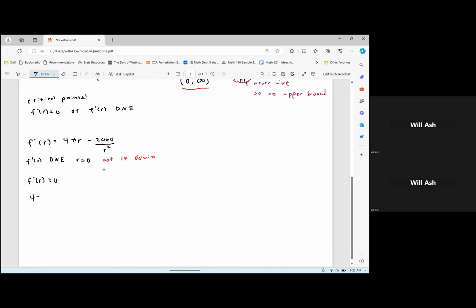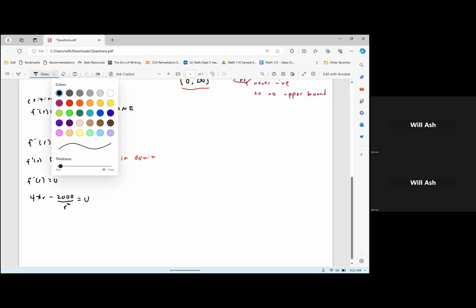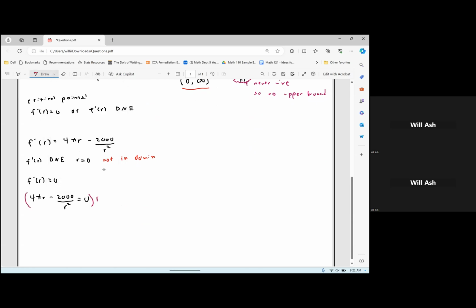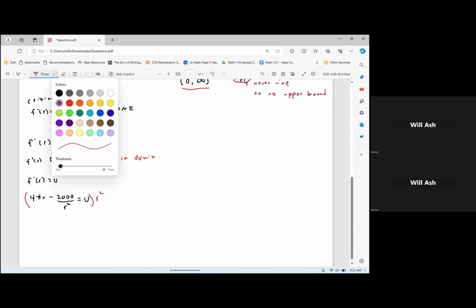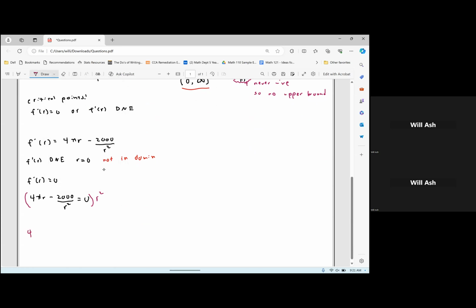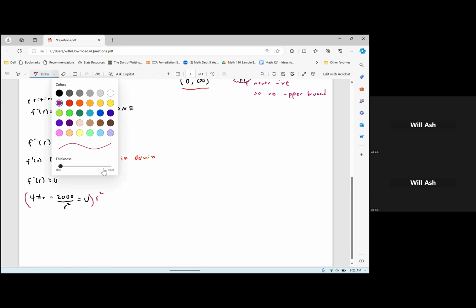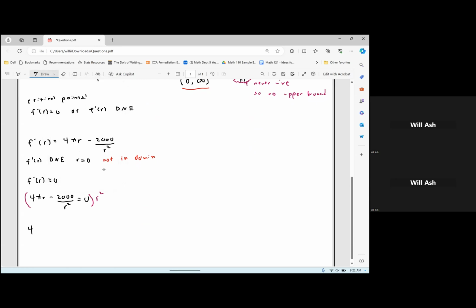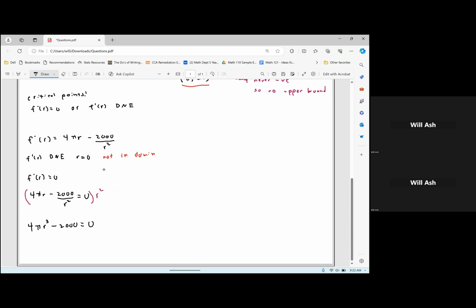So when 4 pi r minus 2,000 over r squared is equal to 0. I suppose we're going to multiply both sides of this function by r squared to clear that denominator. So I'll have 4 pi r cubed minus 2,000 is equal to 0.